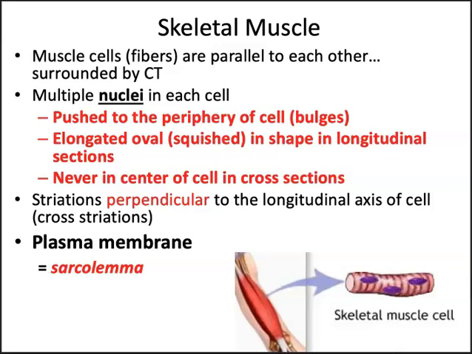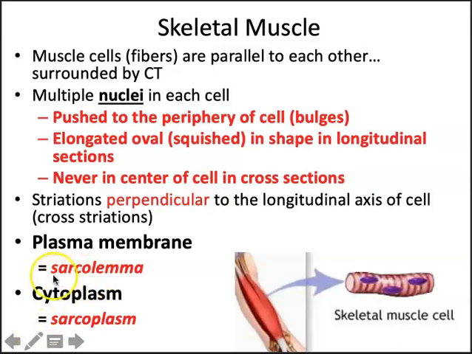Now there are a couple of special names that we give to some of the features of muscle cells. The plasma membrane is called the sarcolemma, and the cytoplasm is called the sarcoplasm. This prefix sarco means flesh.